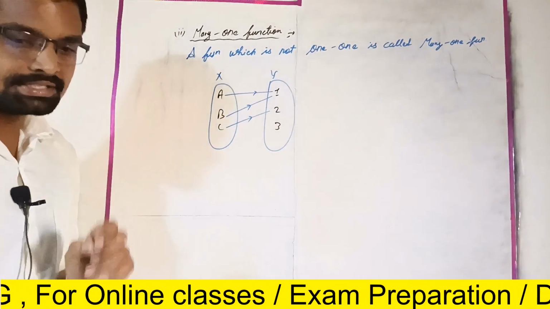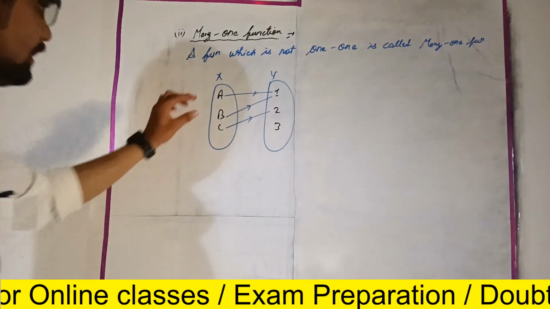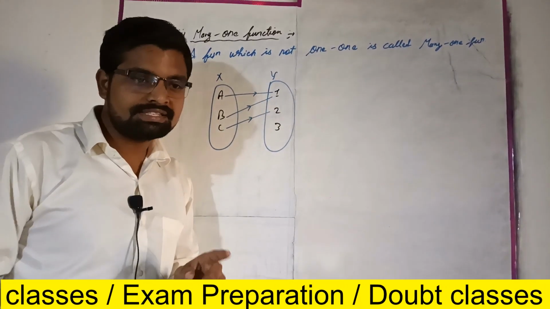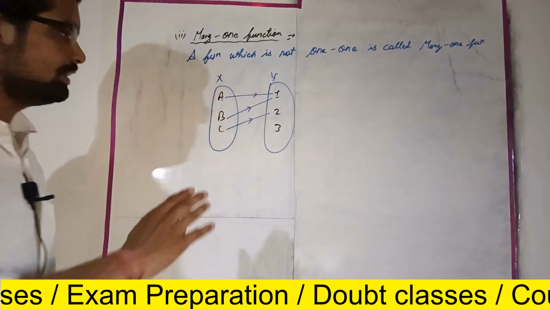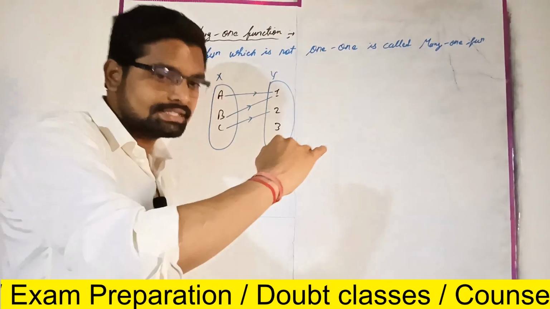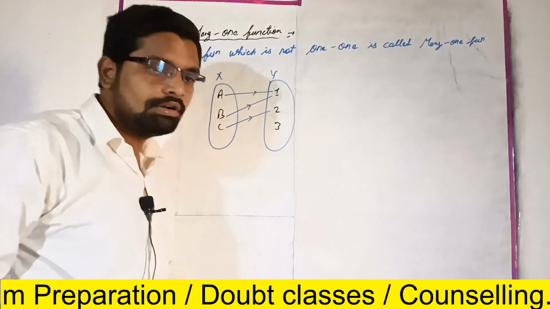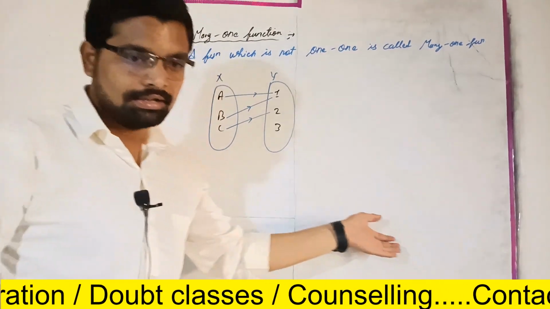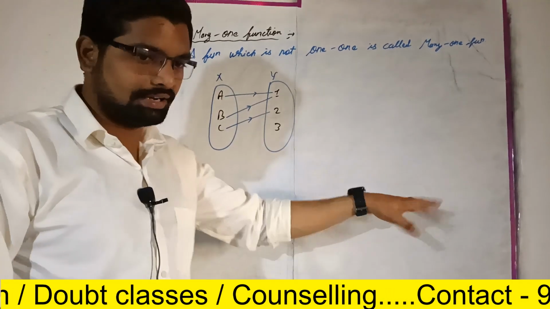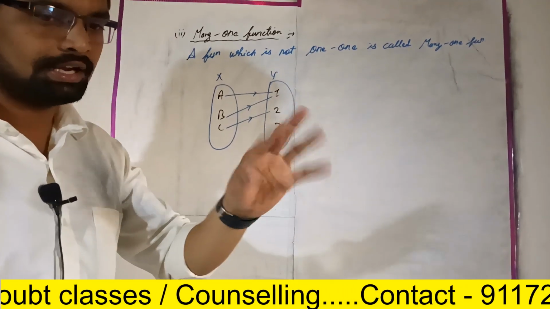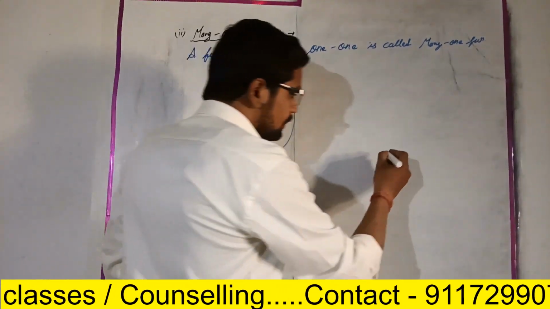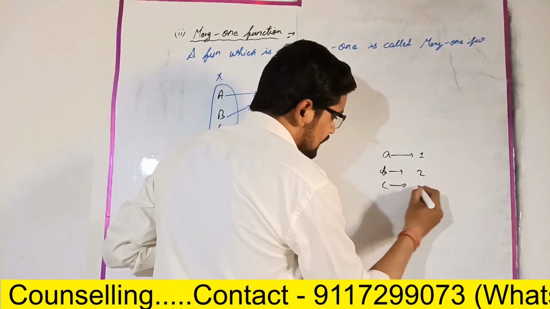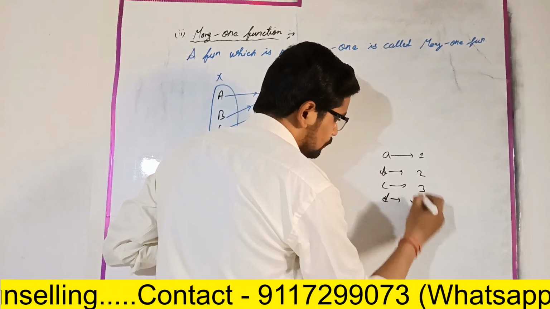But let's check here that a and b have the same image. As in one-one function we saw that every element has its own separate image. In the name you can also understand it: one image. A has 1, B has 2, C has 3, D has 4, like this.